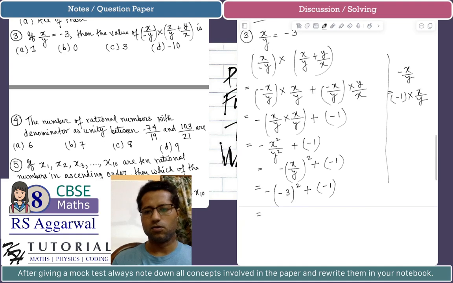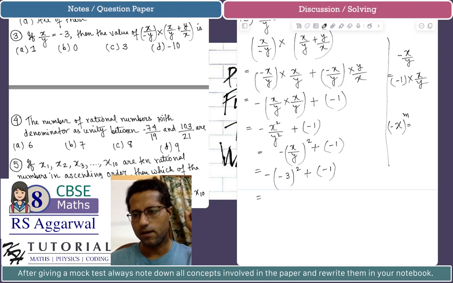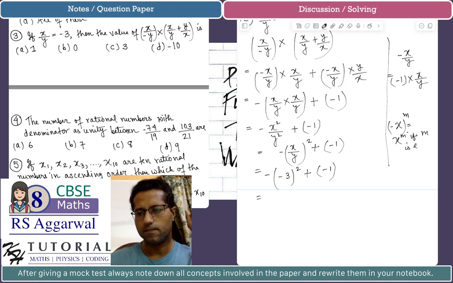Now minus 3 whole square, we know the concept that if x is any non-zero rational number, then minus x to the power m will be equal to x to the power m if m is even.